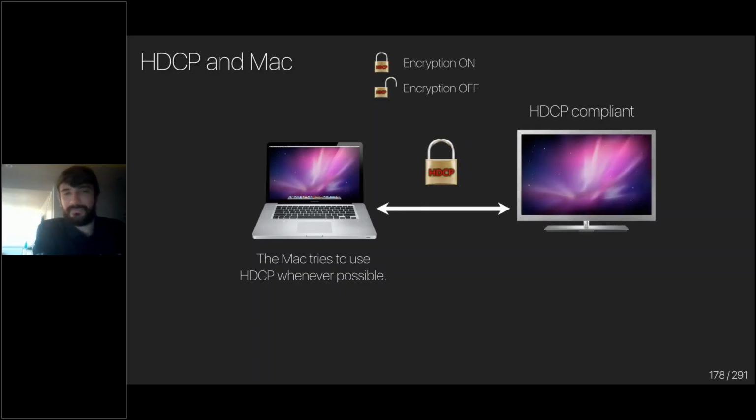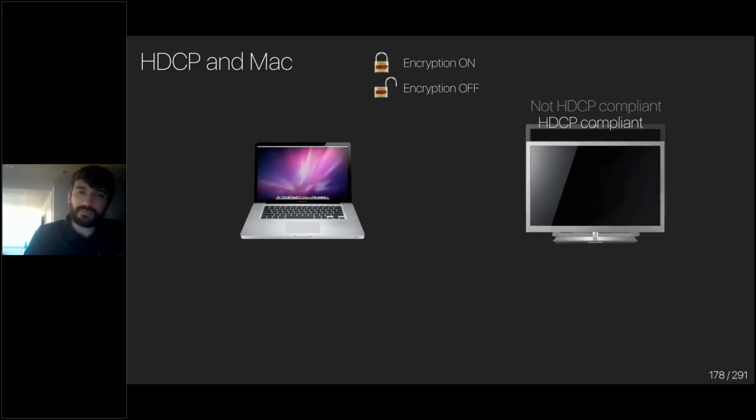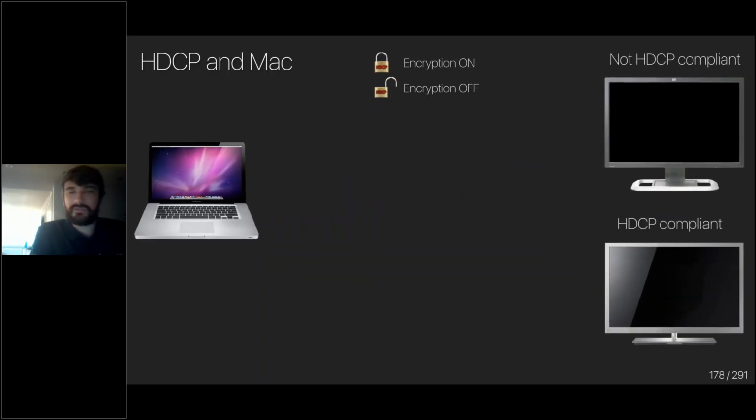If you connect an HDCP compliant display, it will detect that it's an option that's available, and so it will say, hey, why not? I like to use encryption. Let's encrypt the signal. The problem comes when you have a system that is comprised of not just HDCP compliant devices, but also non-compliant devices. This could be old monitors and displays, DVI only displays, for example.